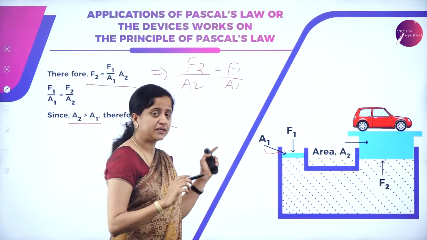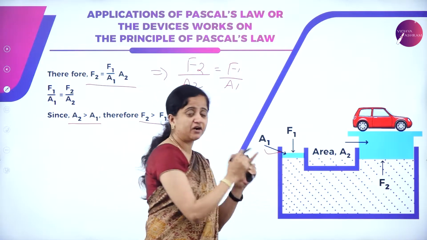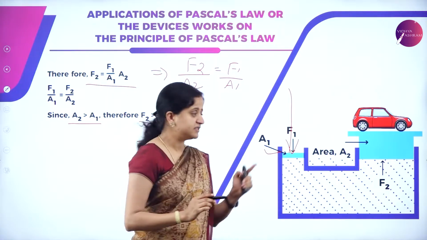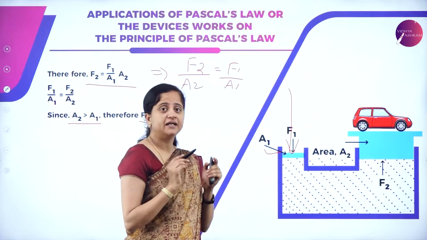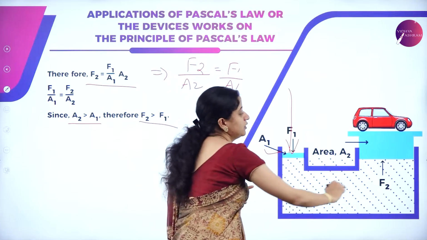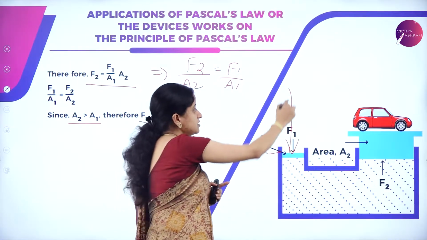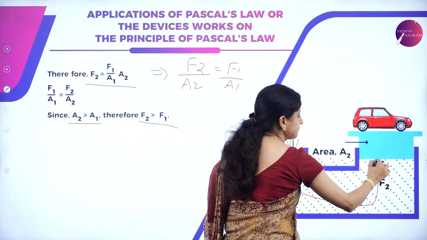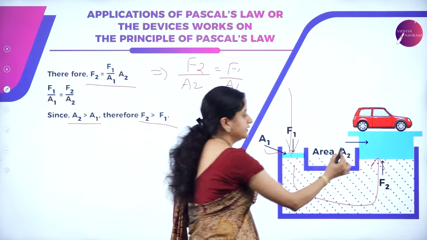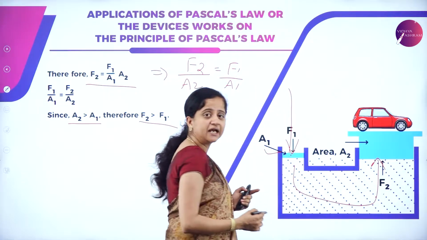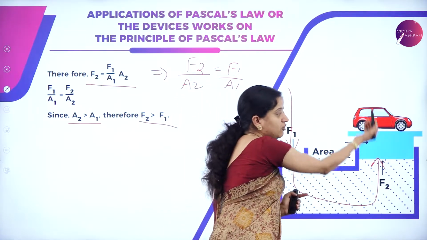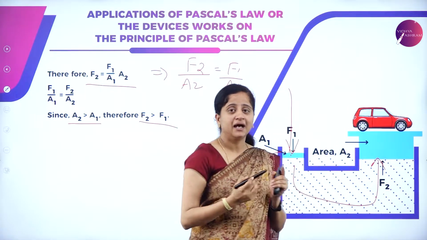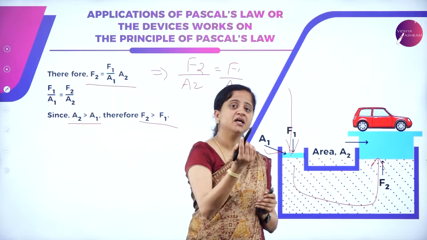So here also, according to Pascal's law, the external force applied on a fluid which is confined in a cylinder is exerted equally in all directions. Here we are applying external force on the fluid, and the fluid in return applies a larger force on the greater cross-sectional area, which results in the movement of the piston, and the heavy load kept on the larger cross-sectional area can be lifted up.